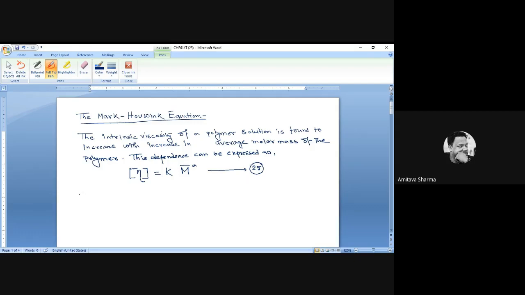In this equation, K and A are known as Mark-Houwink constants, and the equation is the Mark-Houwink equation.